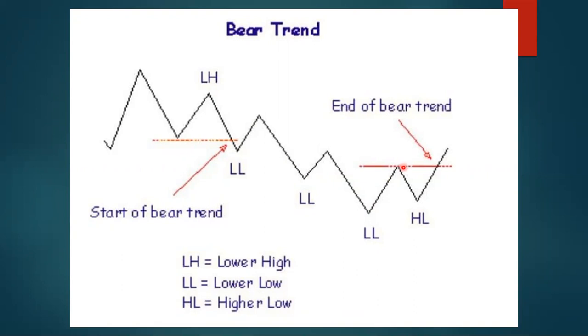But now look at this. Price wasn't able to break this point to make another low lower than this low, but made a higher low. Then price came up and broke this point here. Whenever that happens, you start knowing that we are coming to the end of our bear trend, or the end of our downtrend.